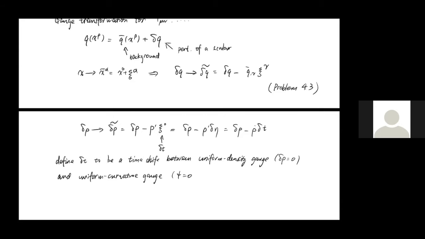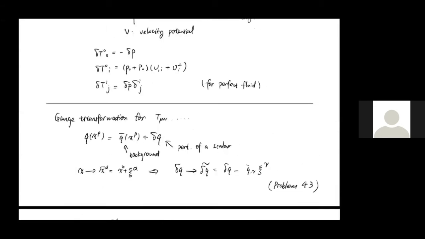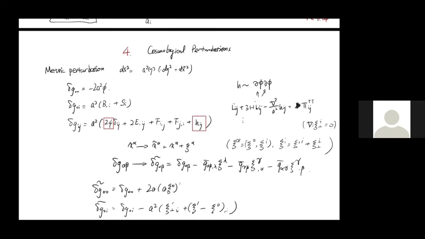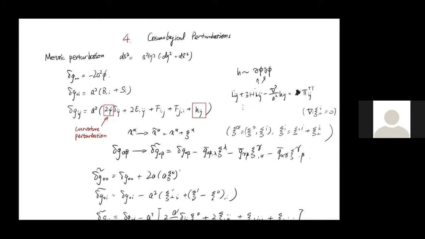This means psi is 0, because if you remember correctly, this psi is the term that appears in this manner in the spatial part. So this is called the curvature perturbation in any gauge, because we don't fix the gauge yet.